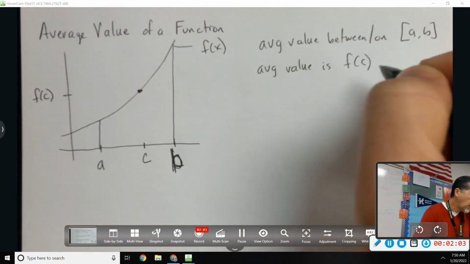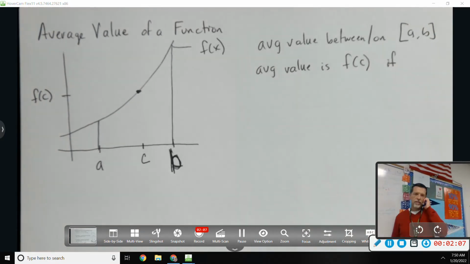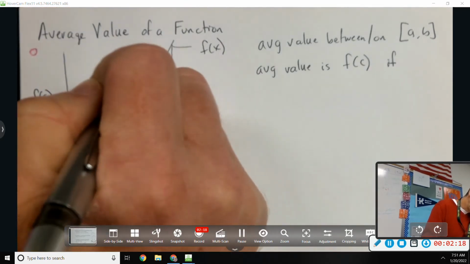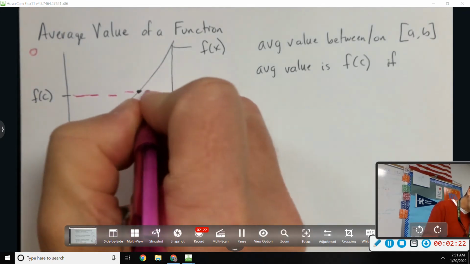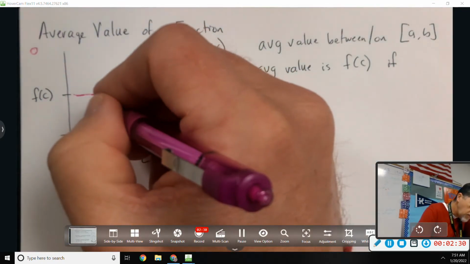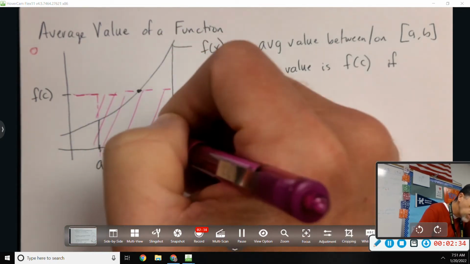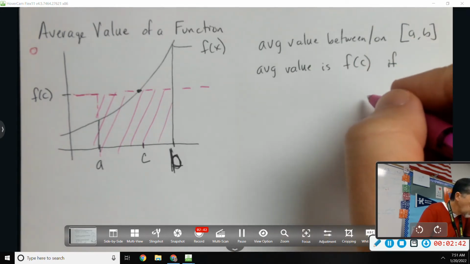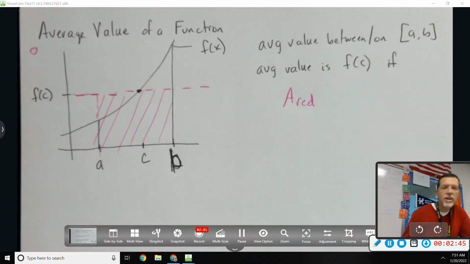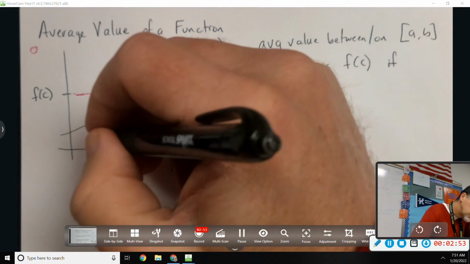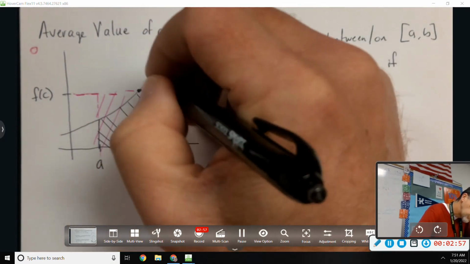I contend that the average value is f of c if there's my f of c height, if the red area equals the black area.